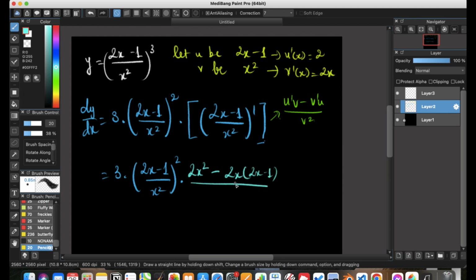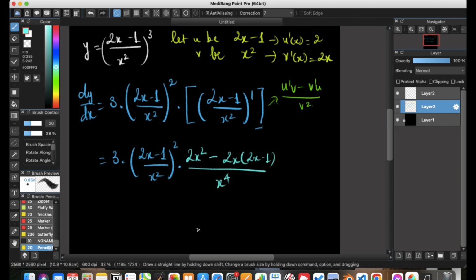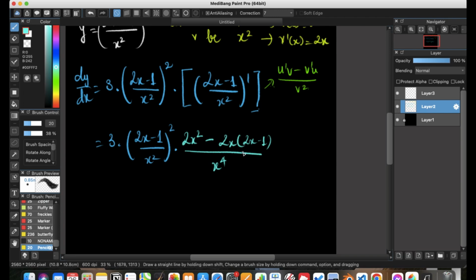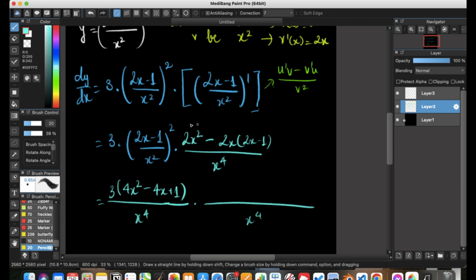Over v squared, and now it's going to be put inside. I'm going to rewrite it.